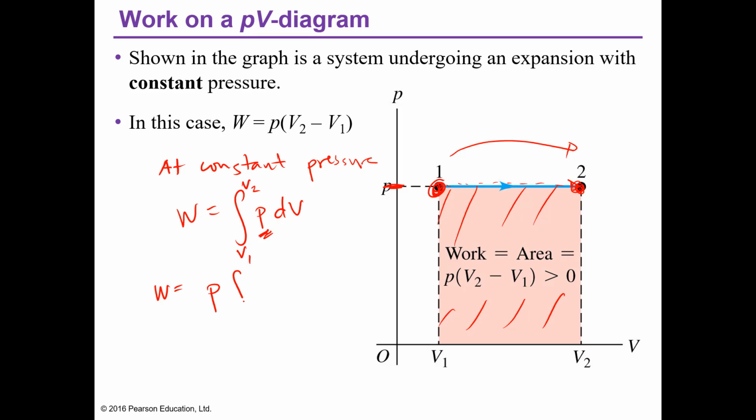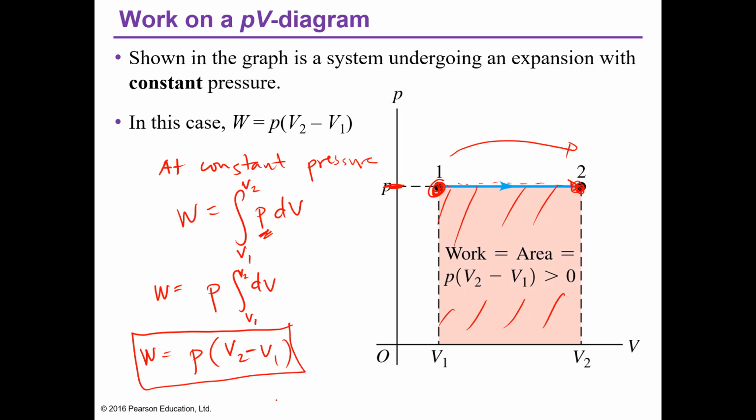Integral of dV from V1 to V2. And this is just equal to what? Integrate this one, this is V, integrate from V1 to V2. So you will get P times V2 minus V1. So the work done at constant pressure, take note, is equal to P(V2 minus V1), where V2 is your final volume and V1 is your initial volume.